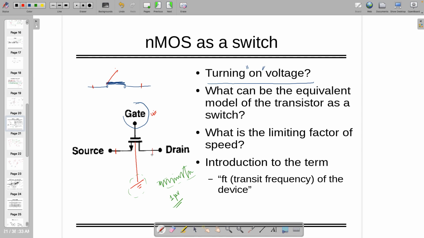Generally, the source has lower potential than the drain, so accordingly you can determine which is drain and source. So this is the turning on voltage which has to be applied to the gate. Now, what will be the equivalent model for the transistor as a switch? As I already drew over here, it has to be like this.